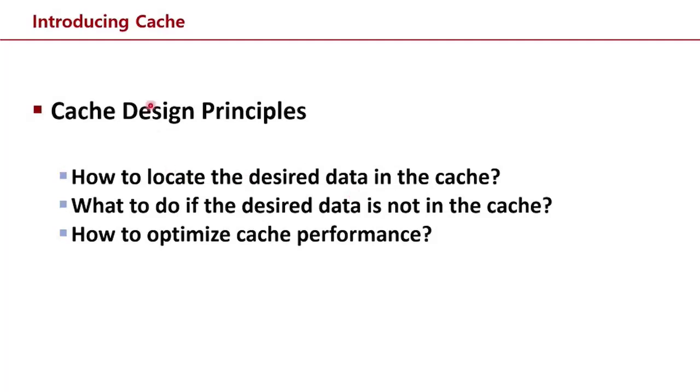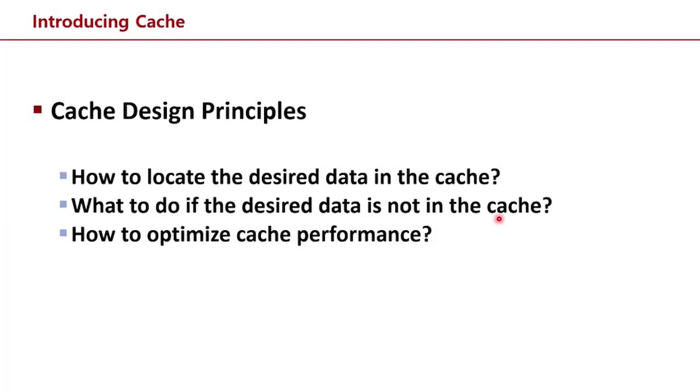Another design philosophy of the cache is the cache miss. Cache miss happens when the desired data is not available in the cache. So you have to think about how to implement your cache if a cache miss occurs.